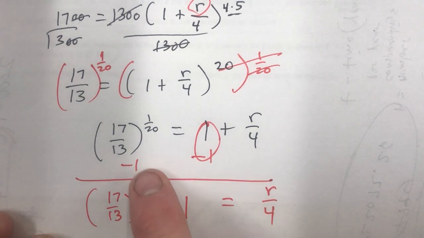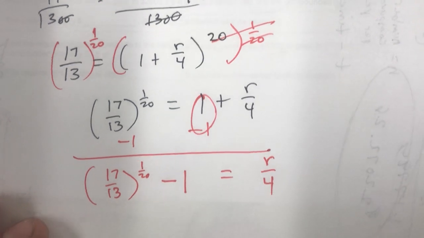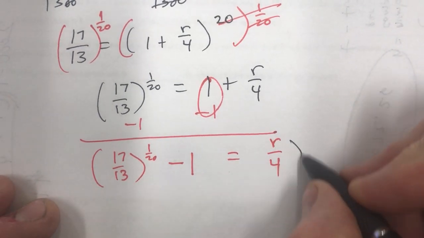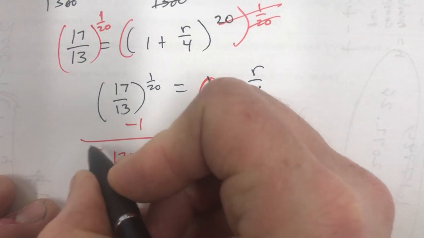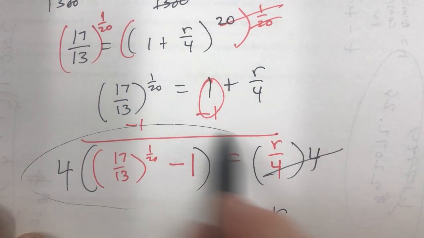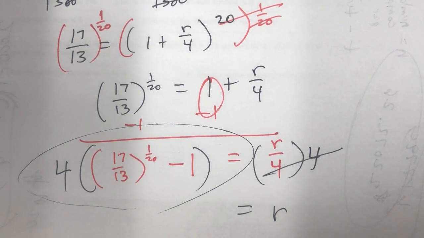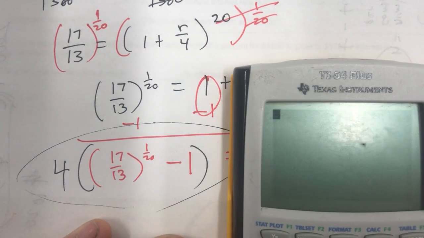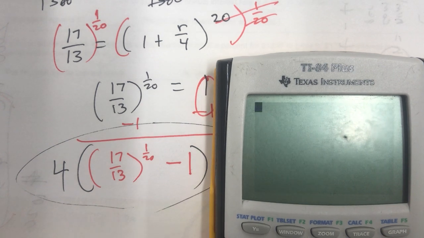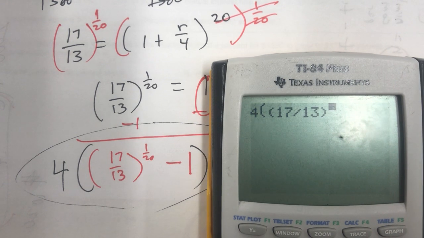I subtract 1 on both sides, so I got this minus 1 equals r over 4. And now one last step, I'm going to multiply both sides by 4, which makes these cancel off, and r is going to equal all this right here. I've got 2 sets of parentheses. So I've got 4, parentheses, 17 divided by 13, parentheses, to the 1 over 20.